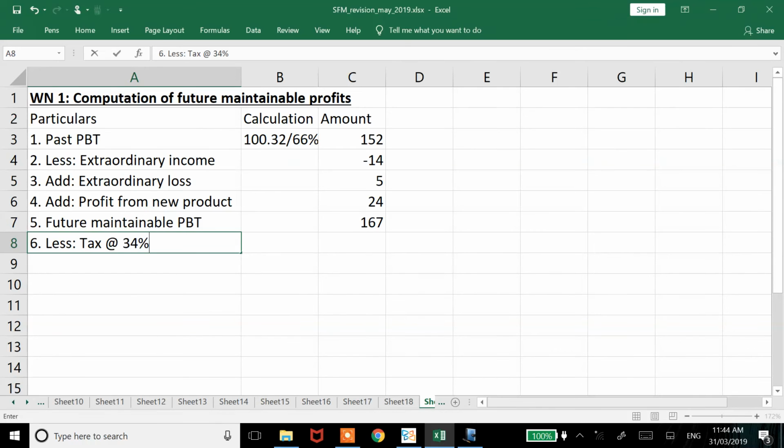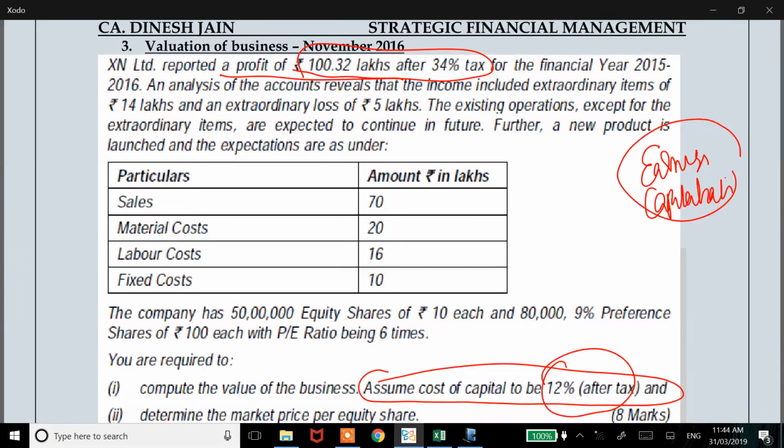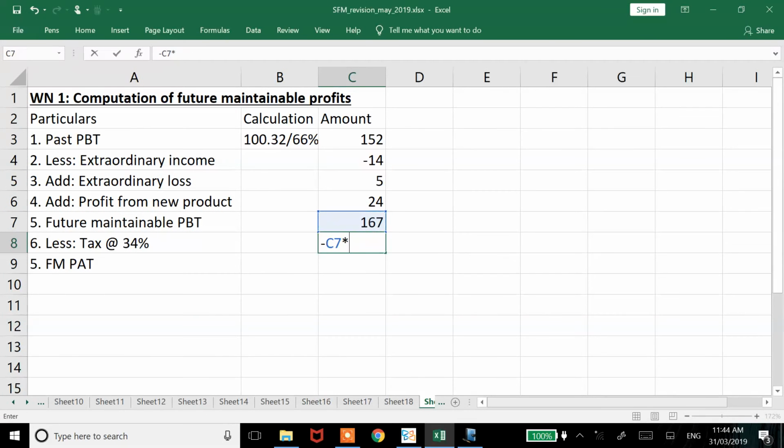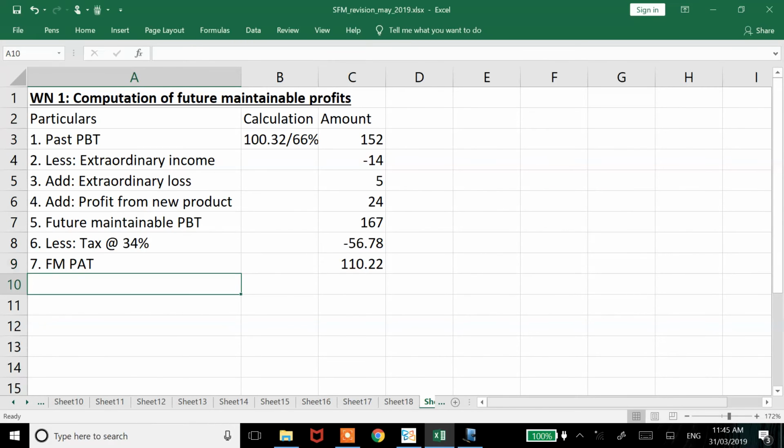Tax at 34% and we get future maintainable PAT. So we started with 100, but the maintainable number is going to be 110.22. Any doubts in this? With this, you can either multiply with the PE multiple or divide by the cost of capital.